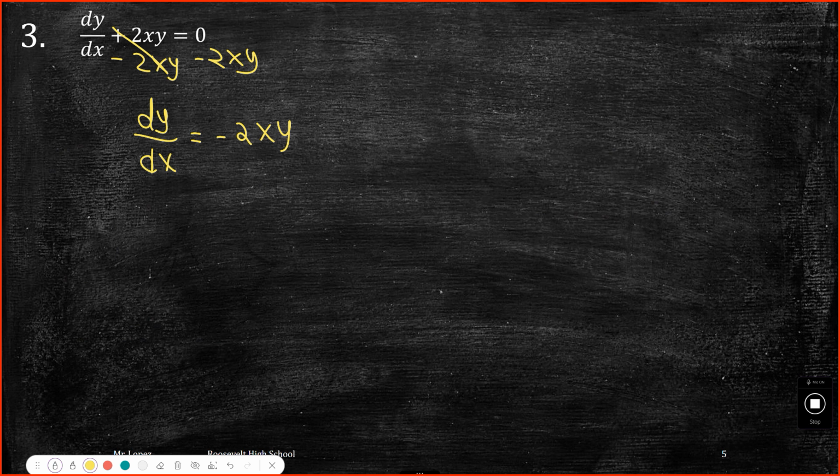Multiply both sides by dx. dy equals... I guess I'm doing too many steps here, we could just do all of it at once. But anyways, what do we do next?